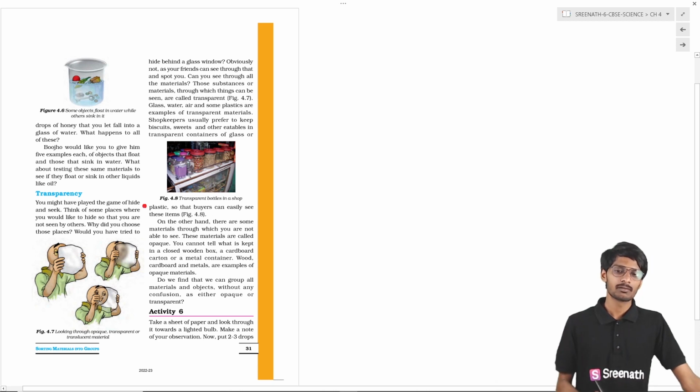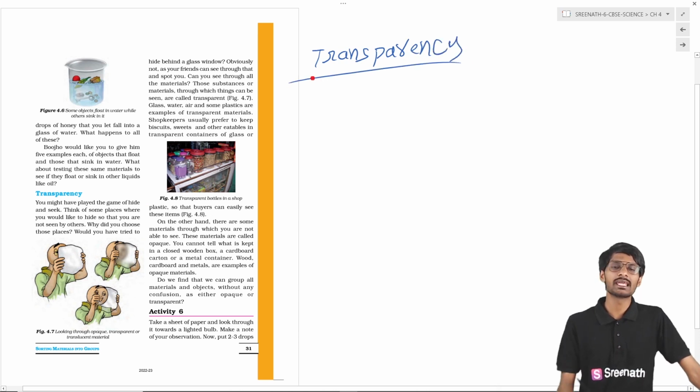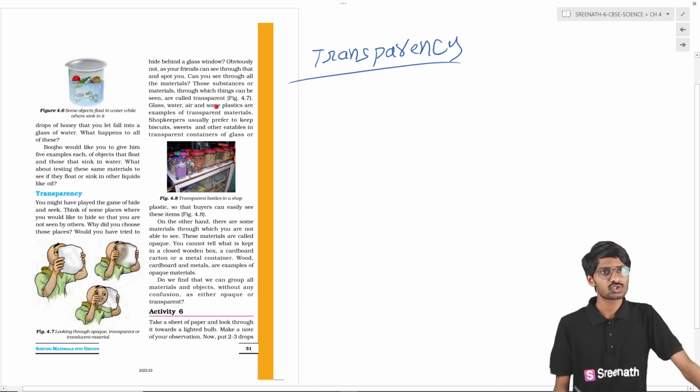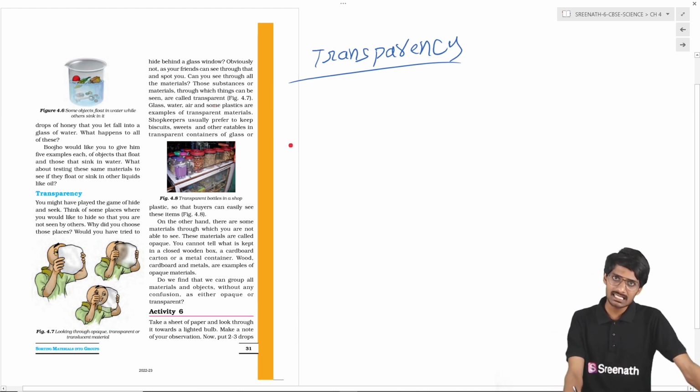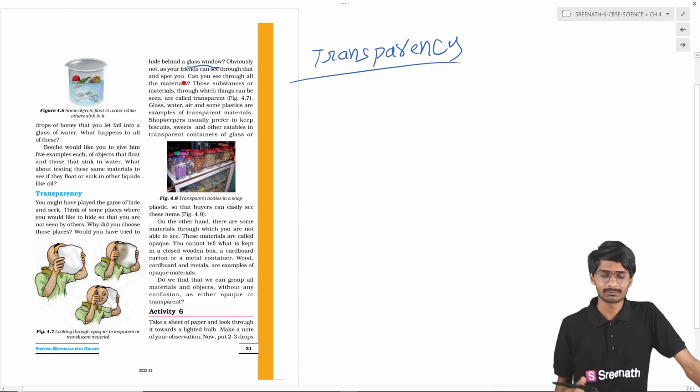And the next property is transparency. You are familiar with playing a game called hide and seek. In that game, all the players will go and hide. If anybody hides behind a glass window, he is clearly visible.